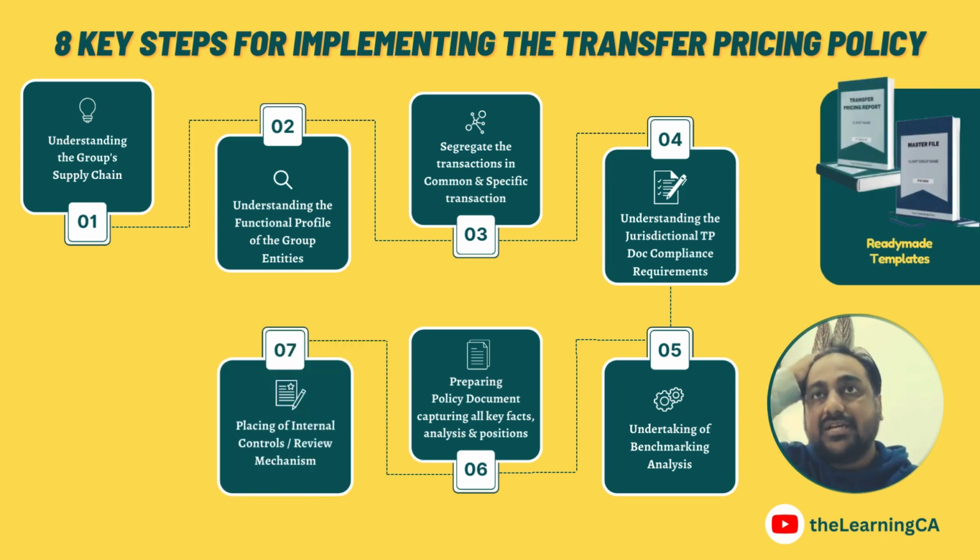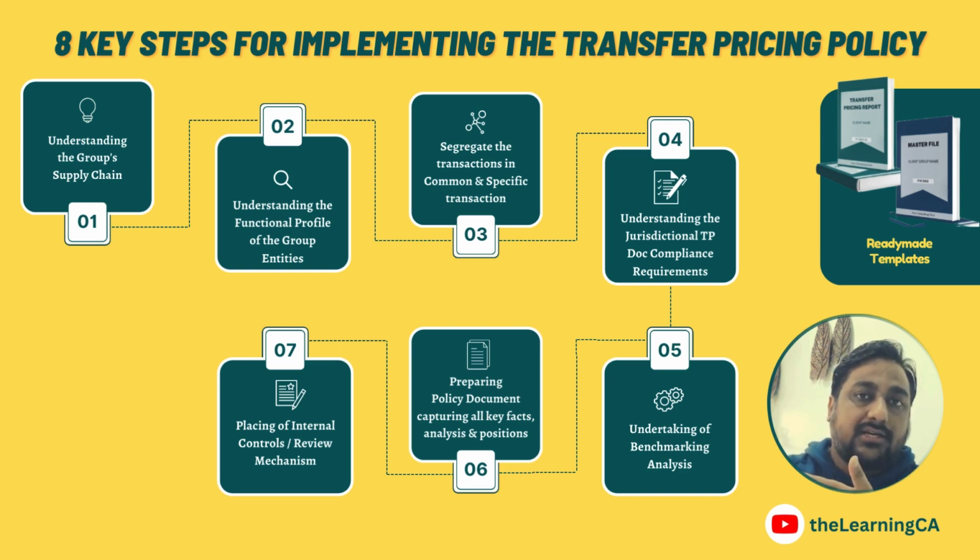Step number 7 is basically you place internal controls in the entire group at a group level or at an organization level as well if required. You place the internal controls so that the actual conduct of the entities can be tracked, and that can be justified that it aligns with the functional analysis that you have taken.